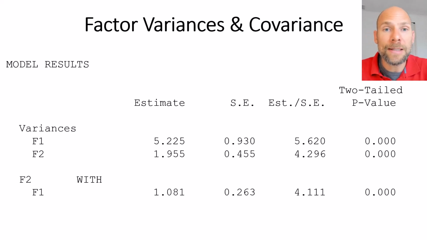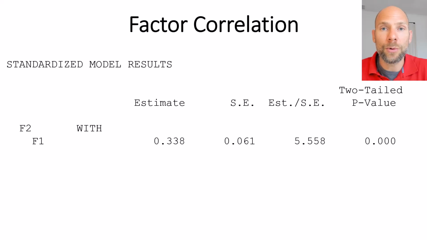However, we can see that from the standardized solution, where we find the correlation between factors. When you standardize your factors to a variance of 1, then their covariance can be interpreted as a correlation. That's the case in the standardized solution in Mplus, the completely standardized solution. Here you find under F2 with F1 a correlation of 0.338.